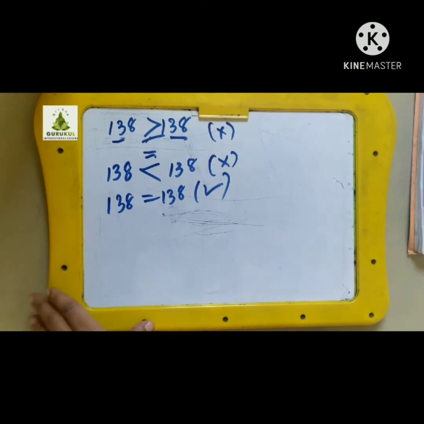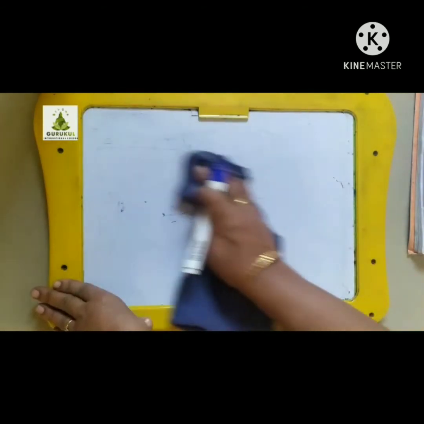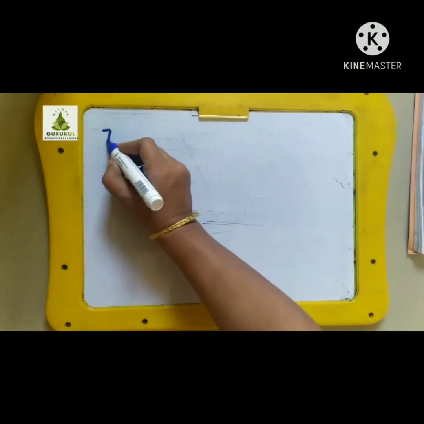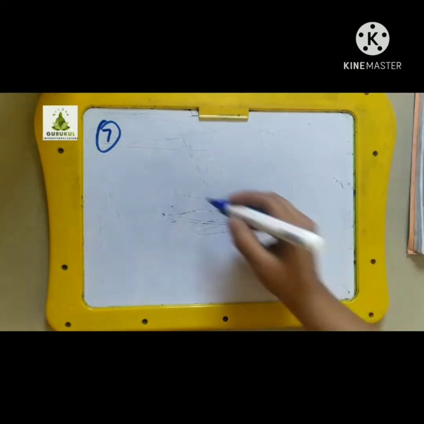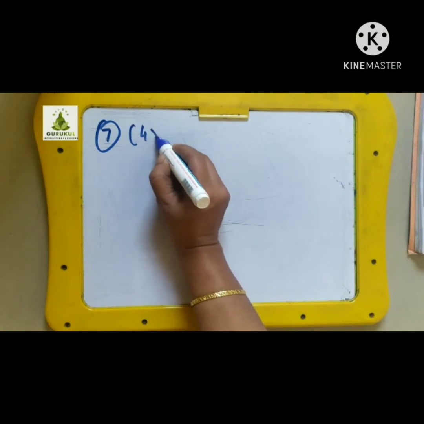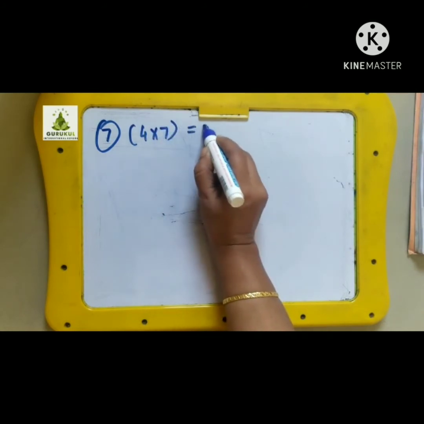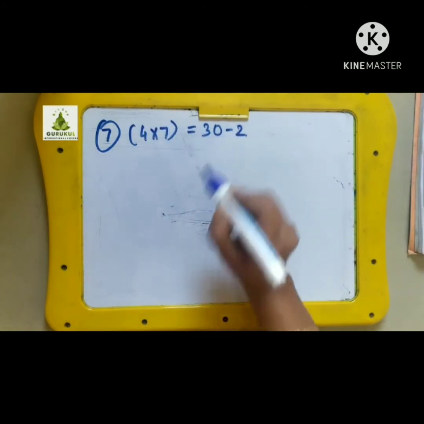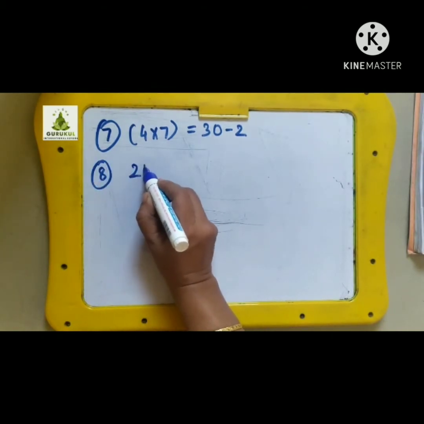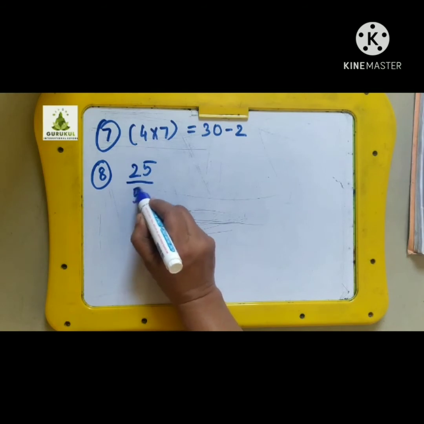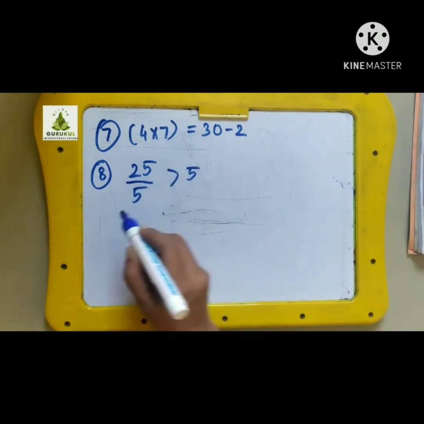Then come to the seventh one. This is on page number 88. Seventh one you have here 4 into 7 is equal to 30 minus 2. Then the eighth one you have 25 upon 5 greater than 5.